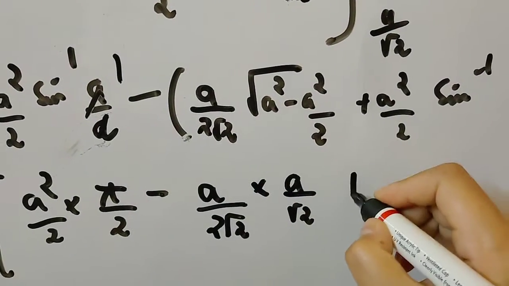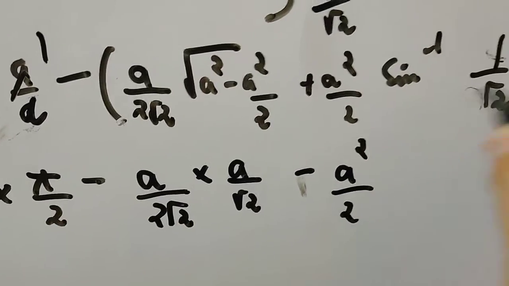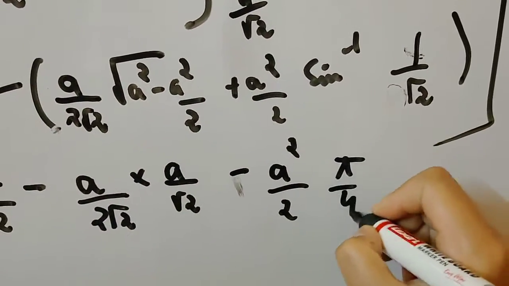Minus into plus, plus minus a square by 2 sine inverse 1 by root 2 means 45 degree, that is pi by 4.